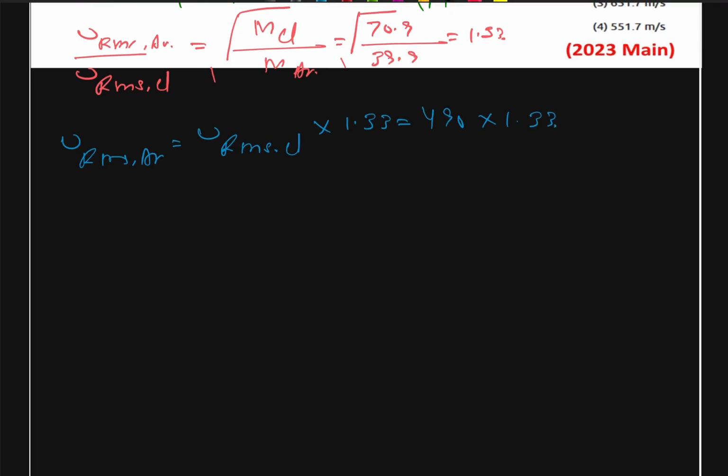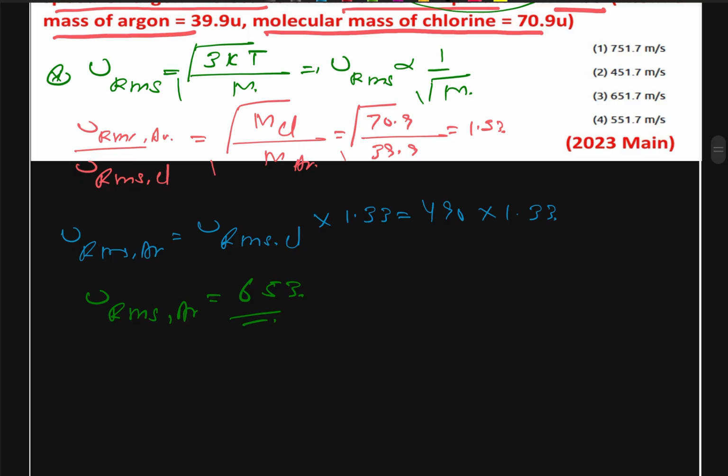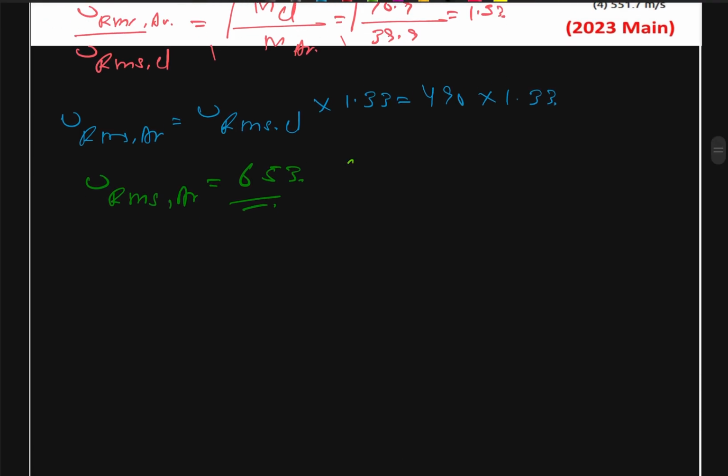Therefore, we get that V.r.m.s for argon is approximately equal to 653. Okay, so the closest one, option number 3, is correct.